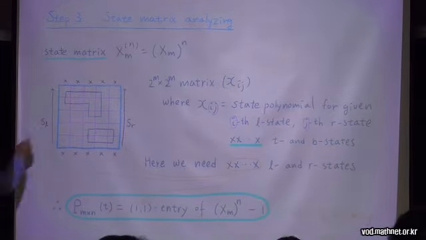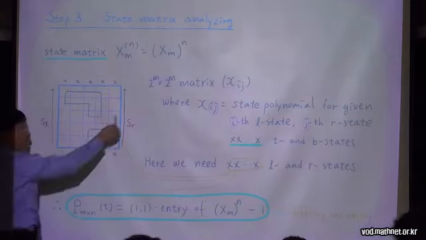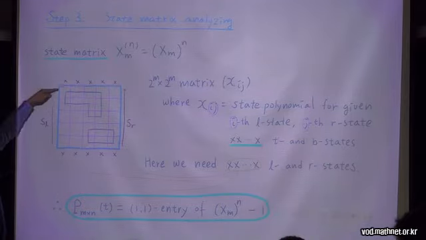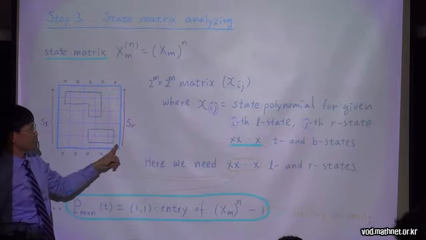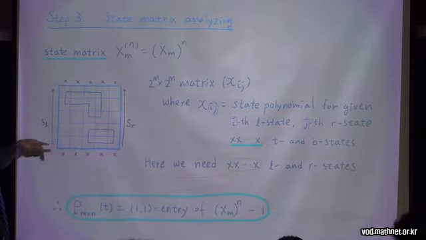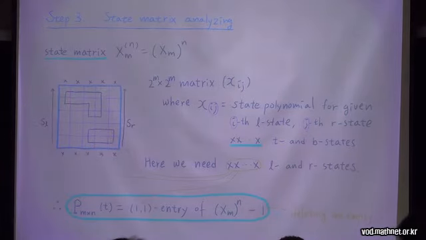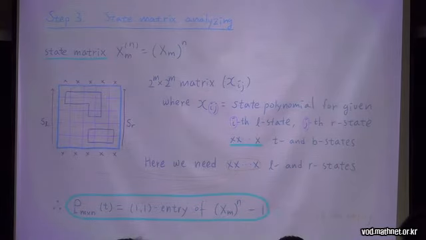So the left boundary possibly has some connection points, and on the right side they possibly have some connection points, but we don't need that because the boundary does not have connection points. That means we have to choose only the trivial state here and also the trivial state here. The trivial state here means the first row, and the trivial state for this one means the first column. So we just pick one entry of this total matrix.